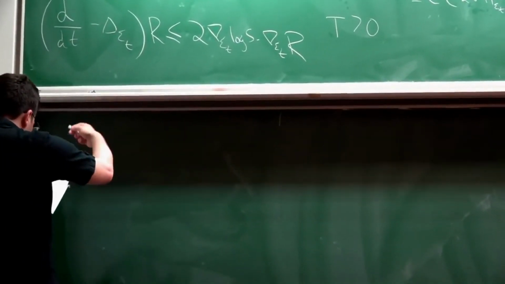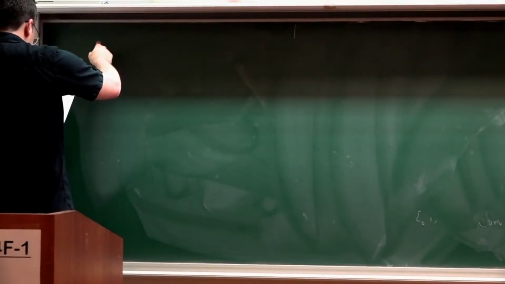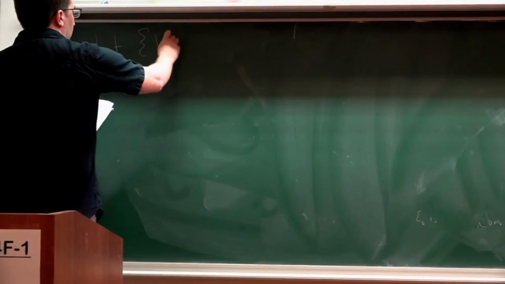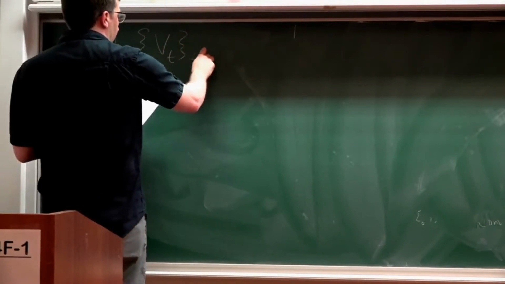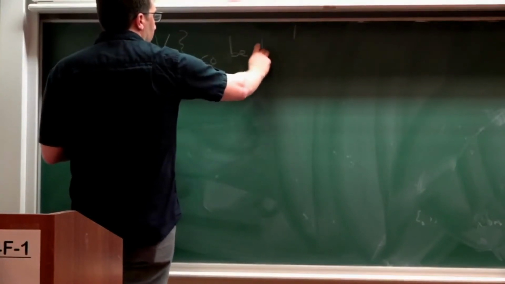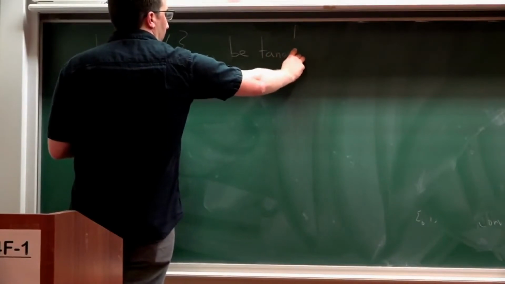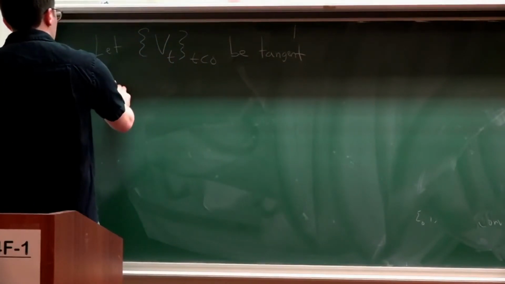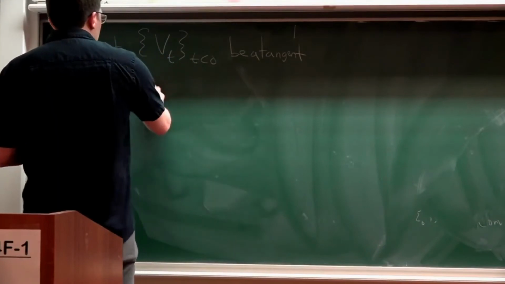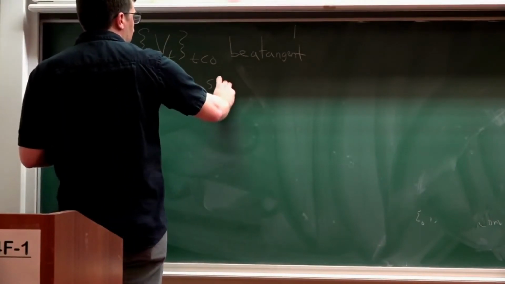The idea is, if we let, say, I guess I wanted to call it Vt, be a tangent flow at the singular point.